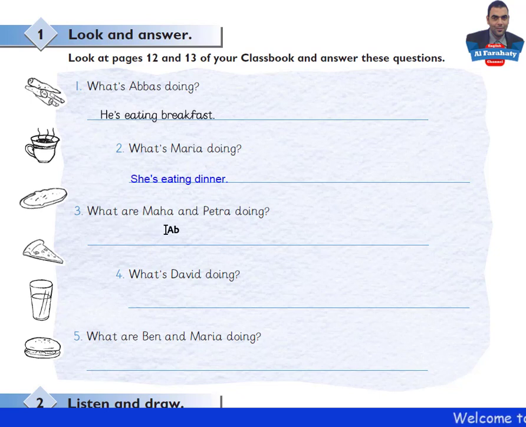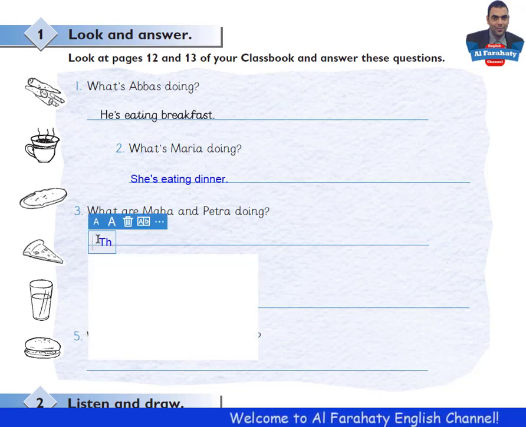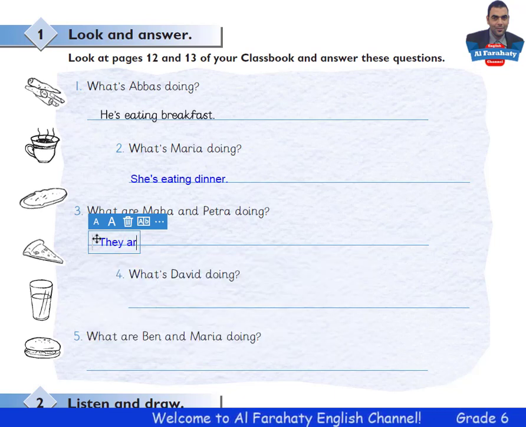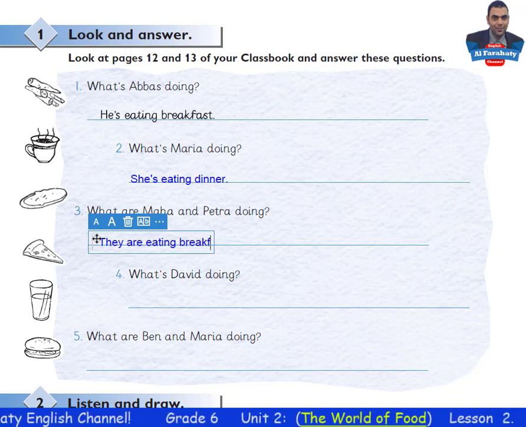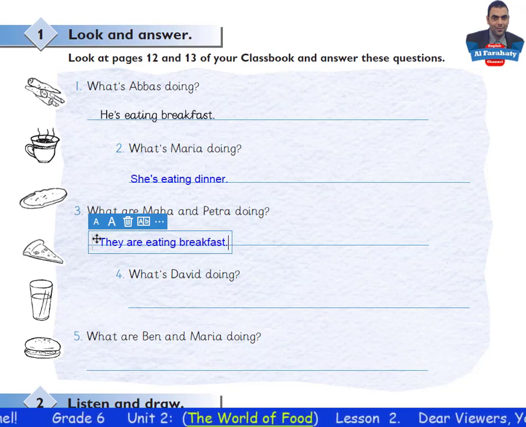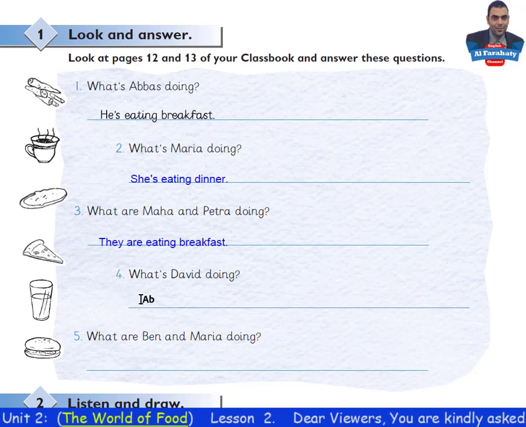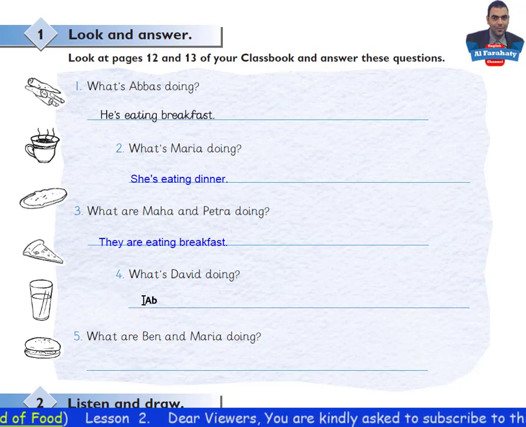What are Maha and Petra doing? If you look at page 13, you will find that they are eating breakfast. What's David doing? Yes, excellent.